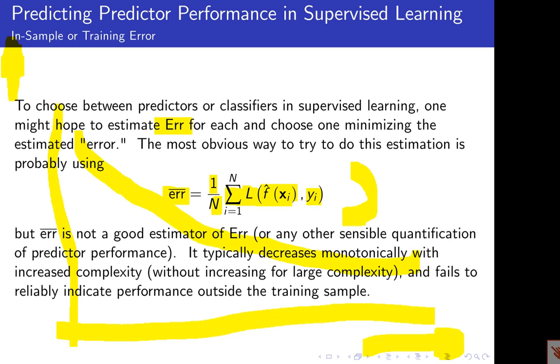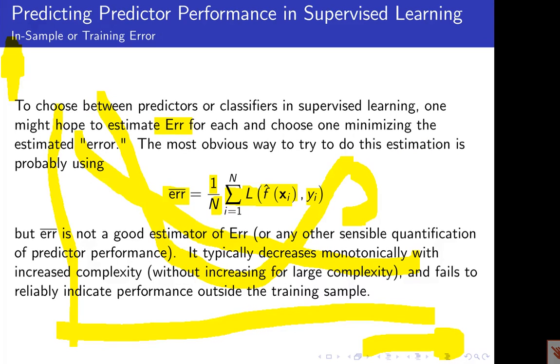The problem is that if I also plotted capital ERR, the actual test error, not training error, as a function of complexity, it doesn't do that. Rather, it typically does something like this. That is, it increases after a certain point.